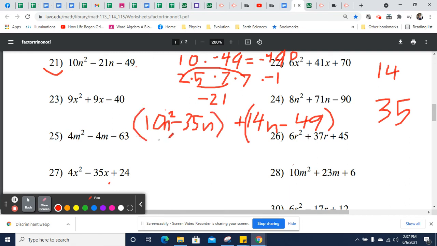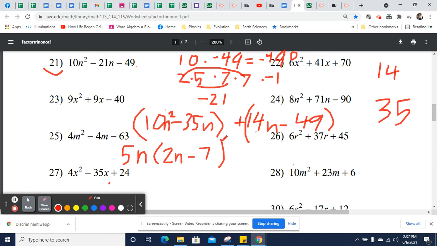And I'm going to find greatest common factors in each group. In this group, I can pull an n out, of course, and 10 and -35 share a factor of 5. So I can pull a 5n out. And that becomes 5 out of 10 is 2, and n out of n squared becomes n. 5 out of -35 is -7, and n divided by n is 1.